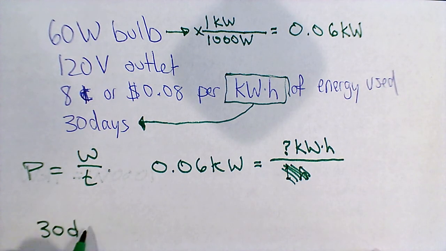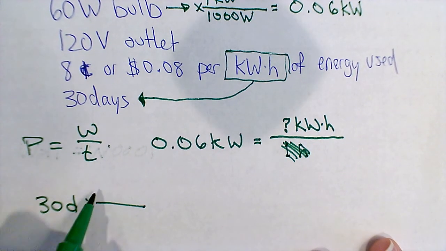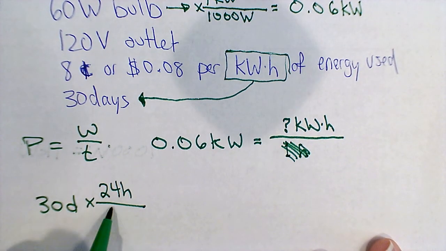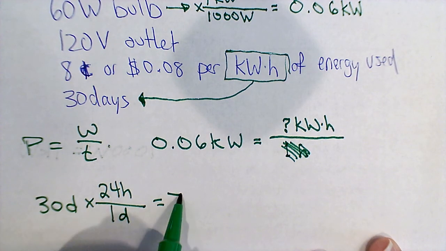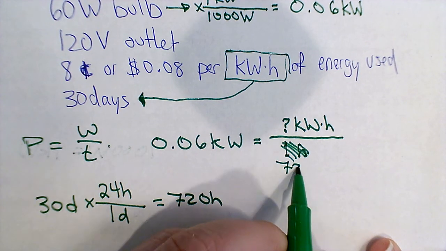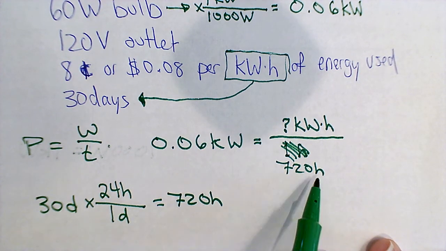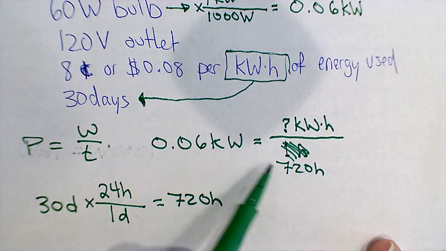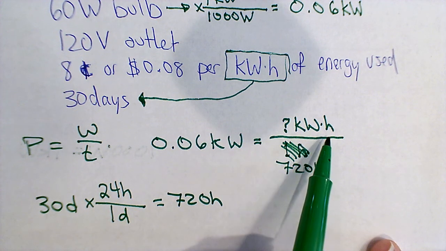We said there's 30 days in a month. We're going to figure out how many hours that is. We know there are 24 hours in 1 day. 30 and 24 are both on the top. That gives us 720 hours of time. So I can put that 720 hours right here. If I multiply that over, that'll give me kilowatts times hours, or kilowatt hours.